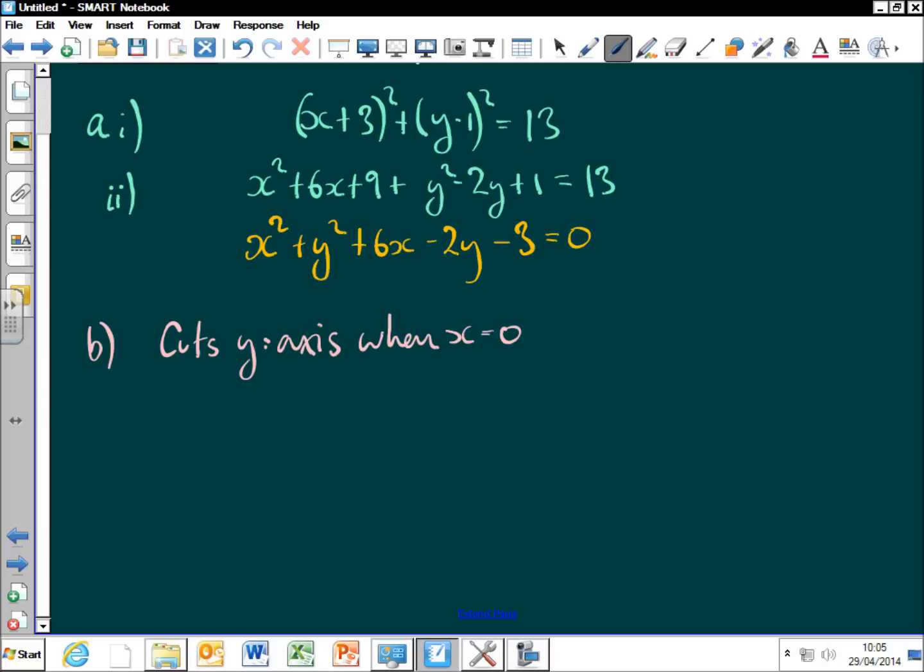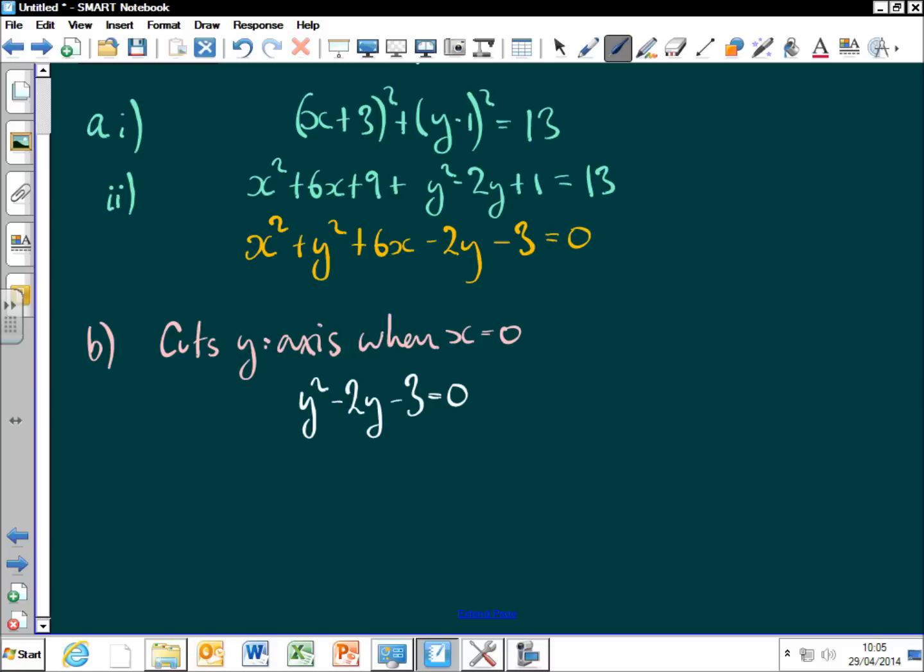Okay. So when x equals 0, I can just take this yellow equation or any of the equations I've used already. When x equals 0, I just get y squared, because the x squared is gone, take away 2y, minus 3 equals 0. Okay, and this will tell me the y coordinates of the places where it cuts.